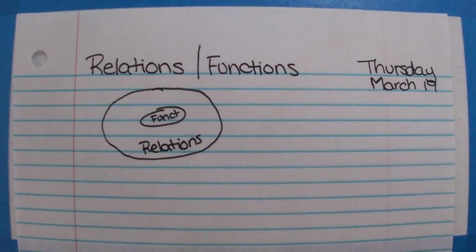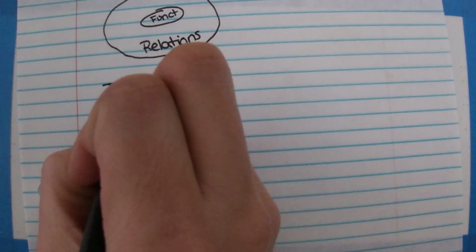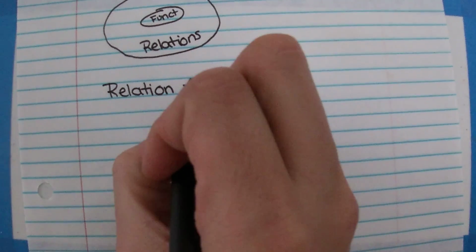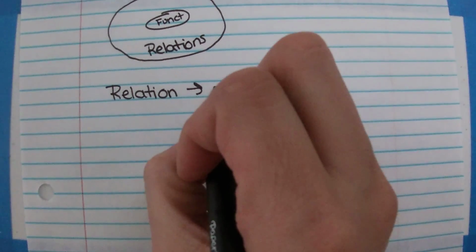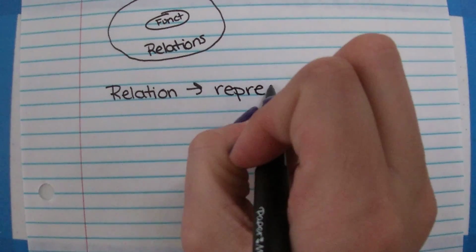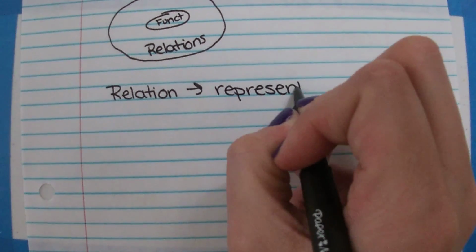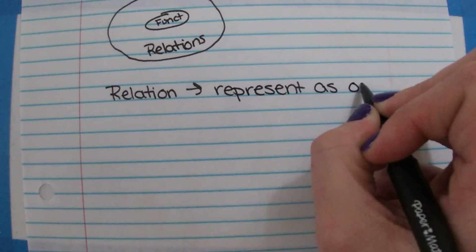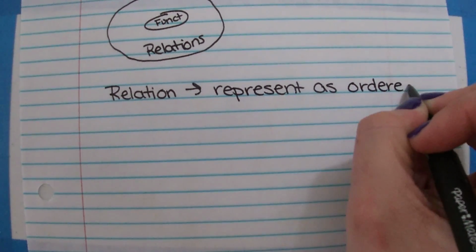So we're going to look at this large grouping first, where a relation is anything that we can represent as ordered pairs.